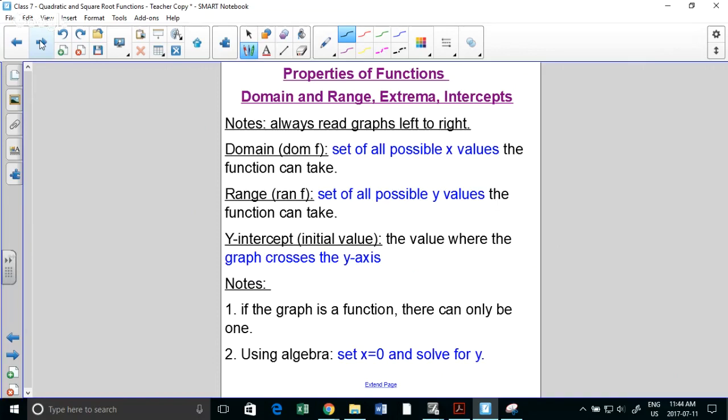So properties of functions should be taken care of. If someone has never seen this before in their life, please let me know and I'll slow down and try to actually go over this thoroughly. But like I said, these notes will be filled out and uploaded for you. Any takers on never seen this before in my life?